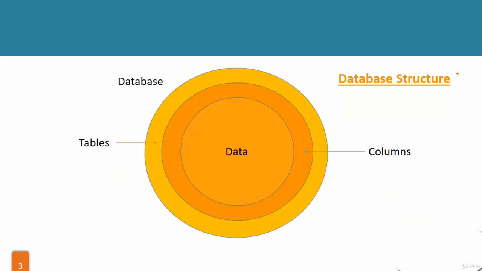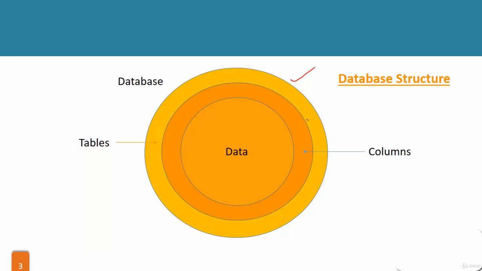Now if I talk about the database structure, we are talking about the backend or database, but if you don't know the database structure, then you are not able to attack. So we need to understand the general structure of a database, right? So you can see this is called a database, right? This complete shell is called the database. Inside the database we have tables.